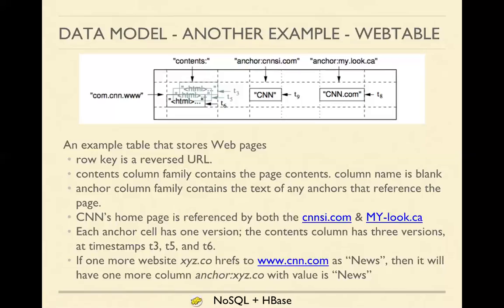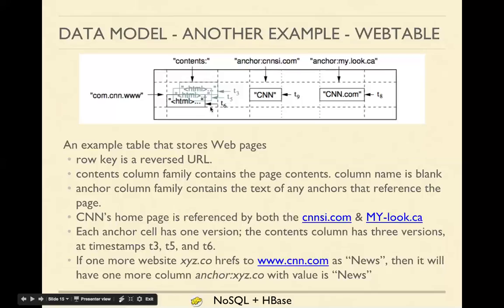So at any point of time, if you have to find out who all are pointing to this, all you have to do is, for this row key, find all the columns, right? That means based on how many people are pointing to this, its page rank will go up.